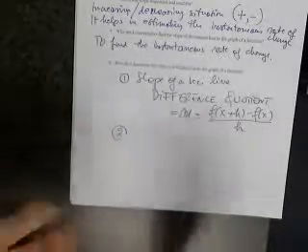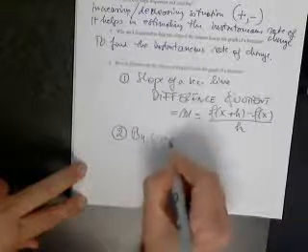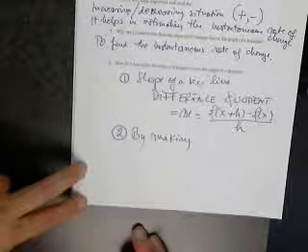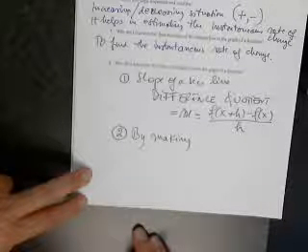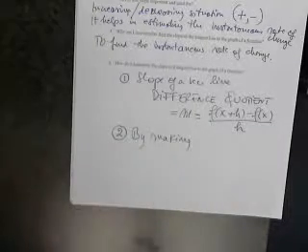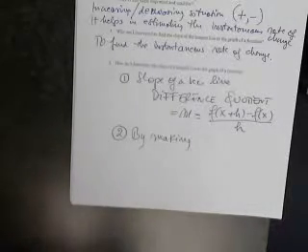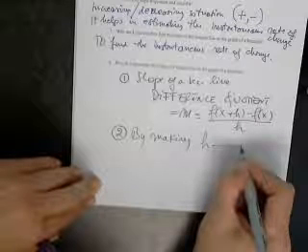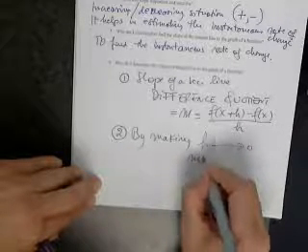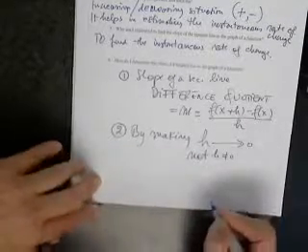Or you can say, by making what? What is this distance that I'm talking about? Exactly, h approaches 0. Careful.